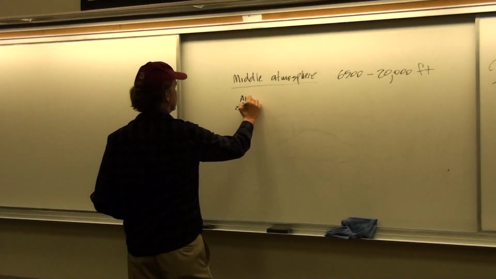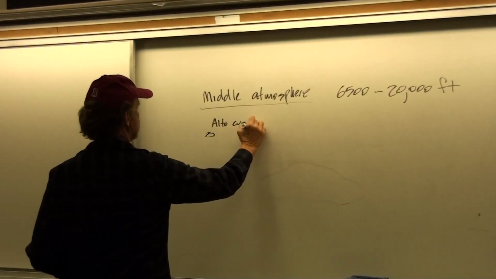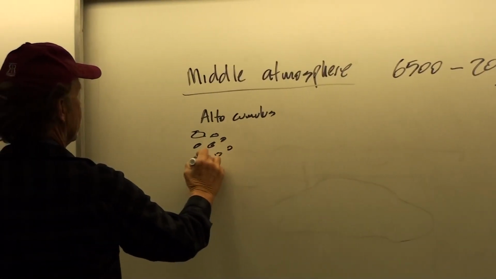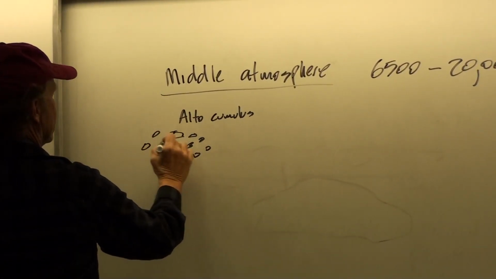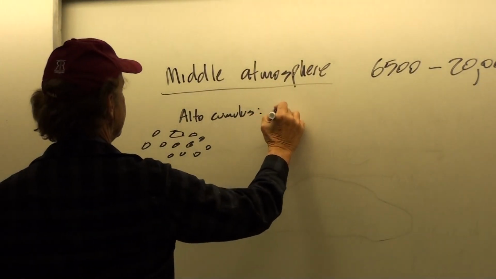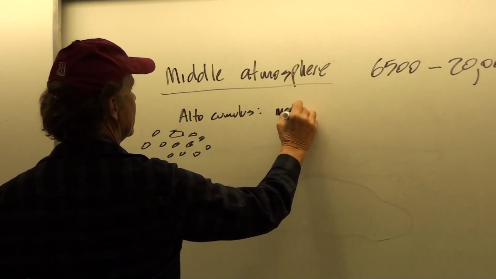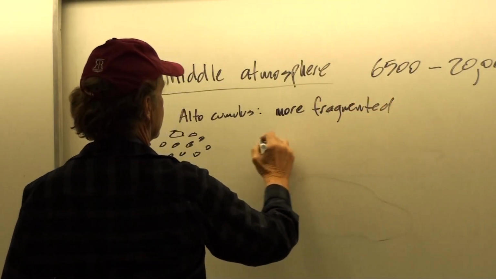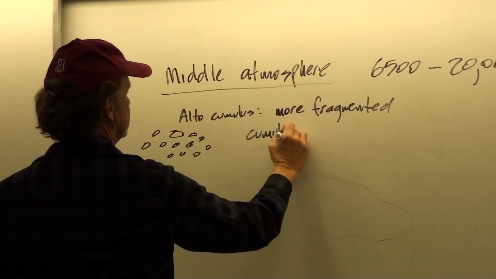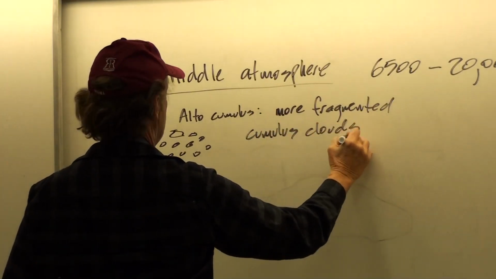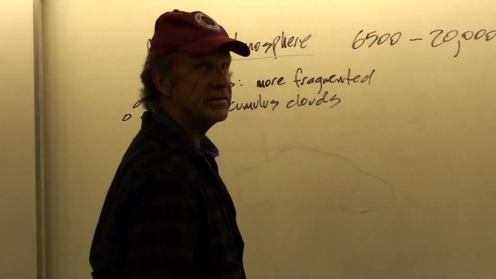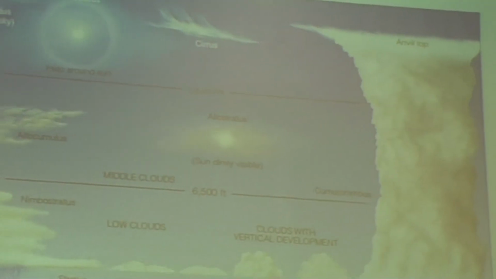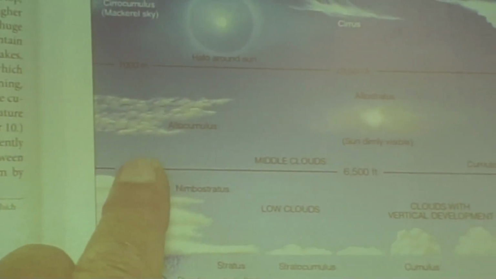So altocumulus is like the cumulus clouds that we see at lower elevation, but more broken up. These are basically just more fragmented cumulus clouds. And so if you see something that looks like a cumulus cloud, but maybe more broken up, then you're probably looking at something that comes from the middle of the atmosphere.